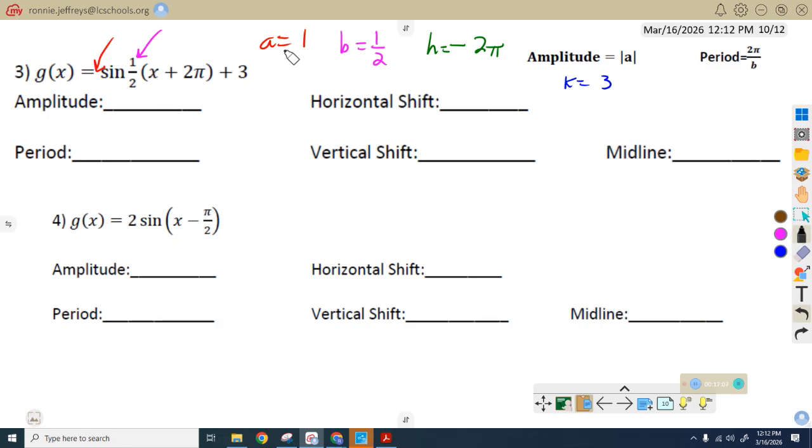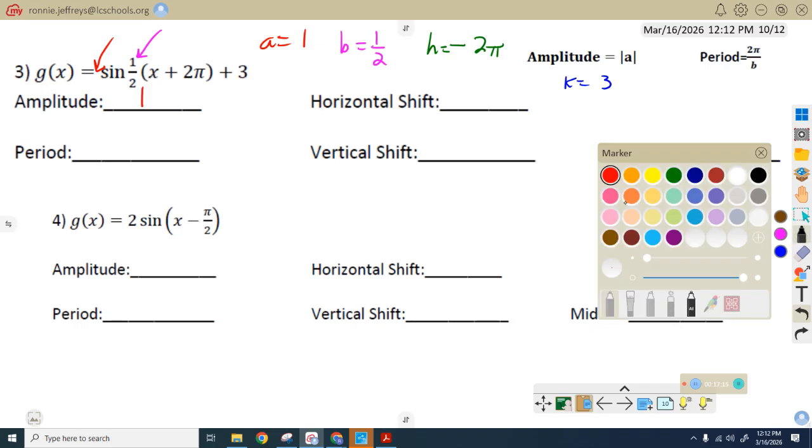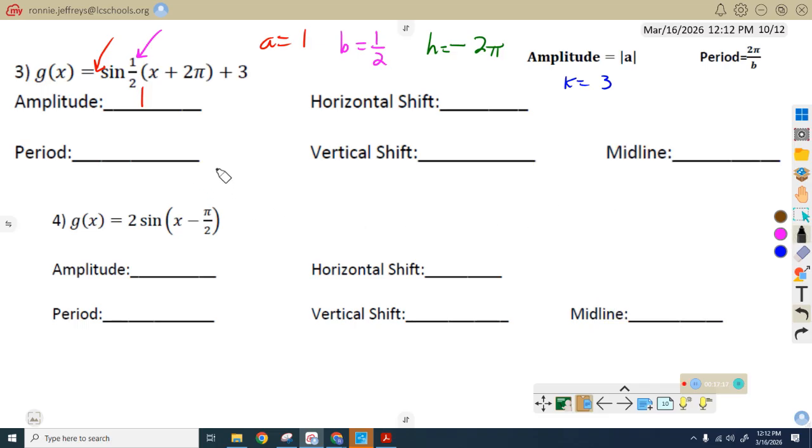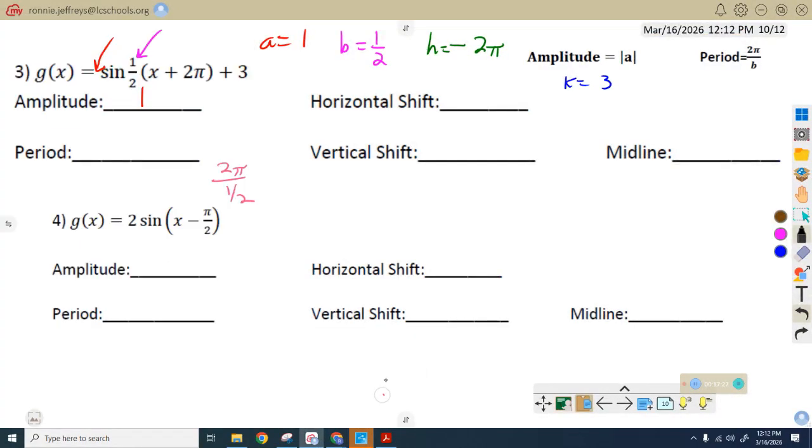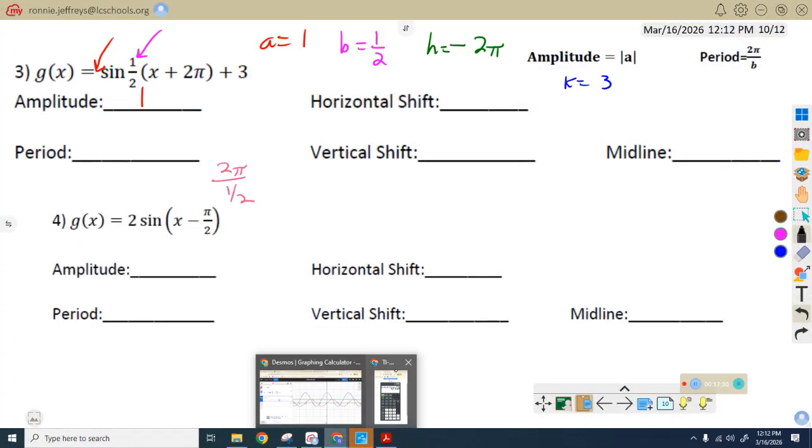So amplitude, that's our A, so the absolute value of 1 is 1. All right, the period. Did you do it in the calculator? Yeah, I got 4 pi. Okay, yeah, 4 pi.